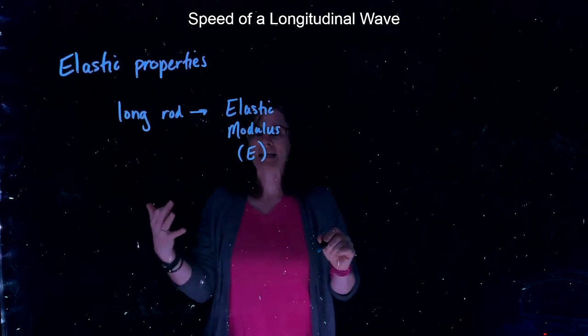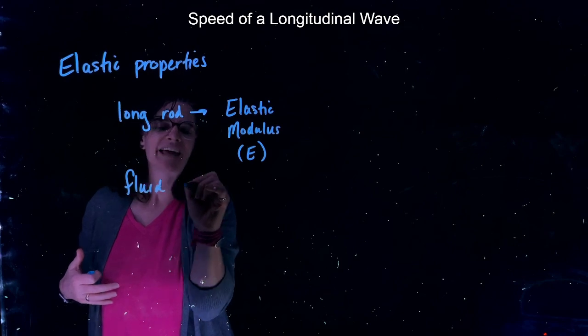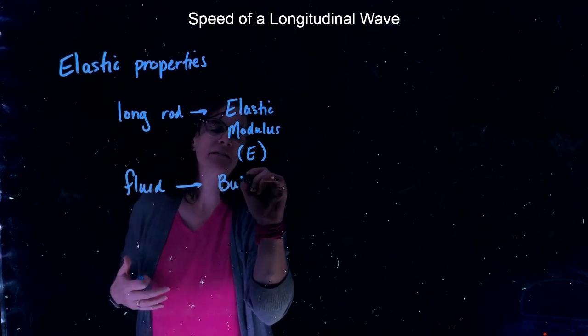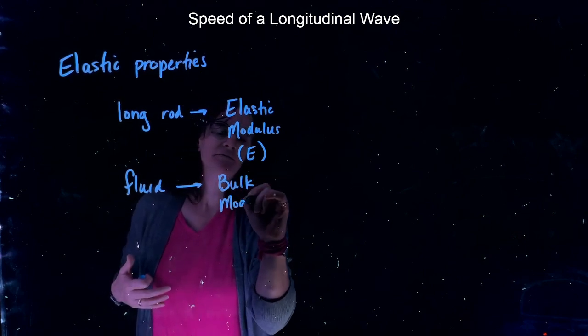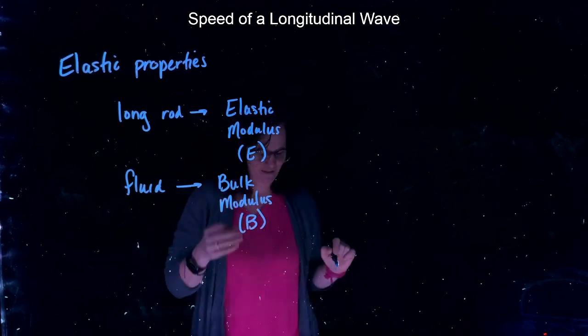If we're looking at a wave moving through a fluid, that elastic property is what we call the bulk modulus. We're going to use a capital B for that one.